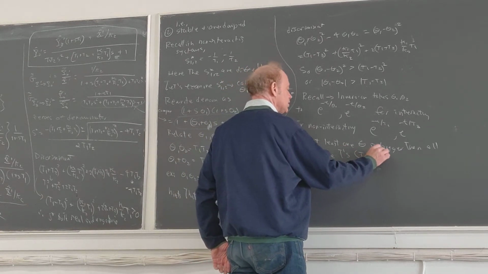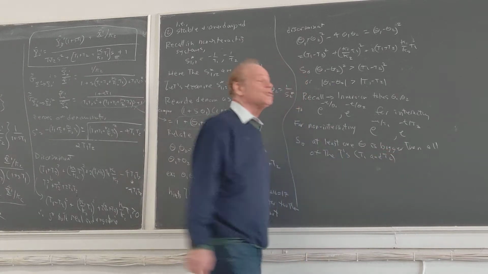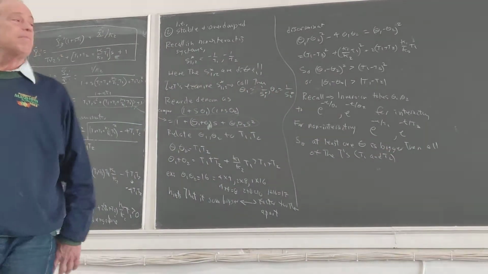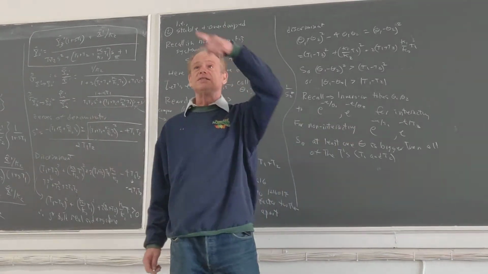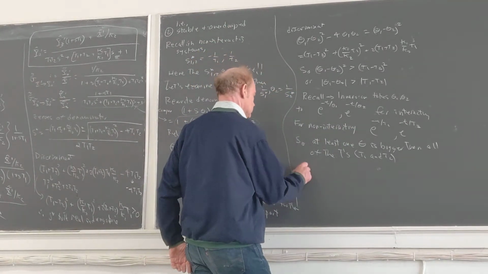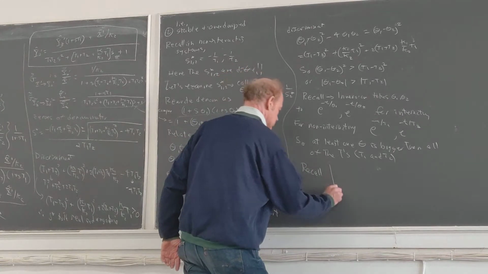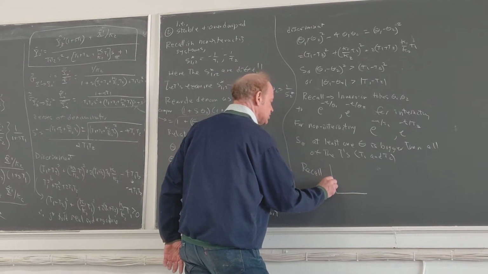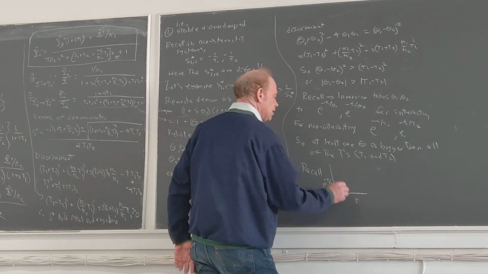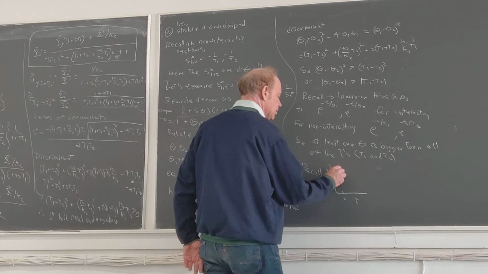Here it's T1 and T2. So what does that mean? That means, remember, e to the minus t over T1 decays. If I plot e to the minus t over T1 versus t, here's 0, this is 1.